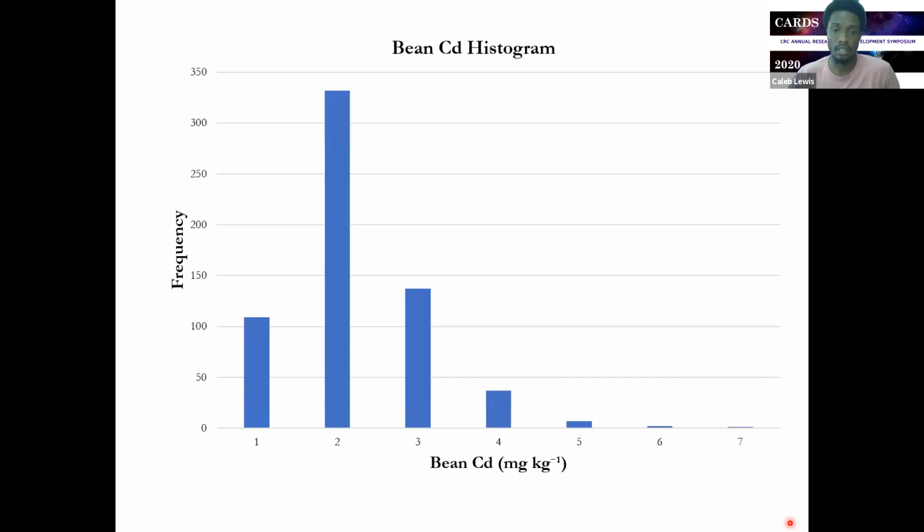We also looked at bean cadmium concentrations, and most of the varieties varied between 1 to 4 milligrams per kilogram. This study also shows that there's variation in cadmium accumulation between varieties.